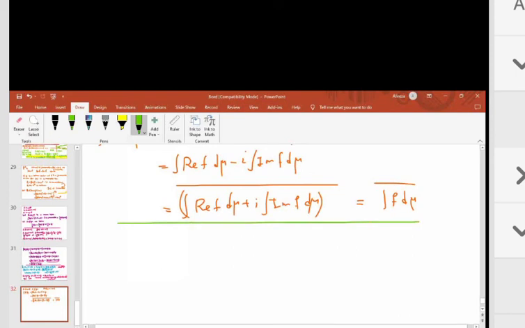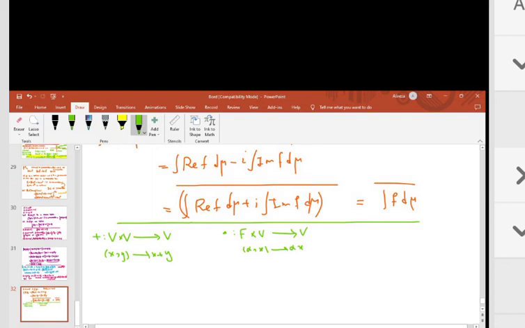For example, plus is a function from V times V to V that maps any ordered pair x, y to x plus y. And a scalar multiplication is a function from F times V to V that maps any pair alpha, x to alpha x.